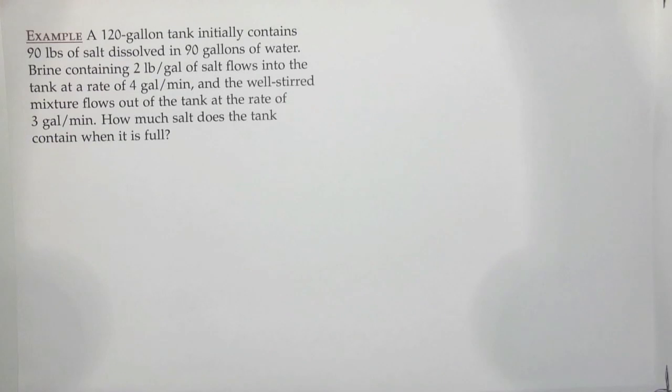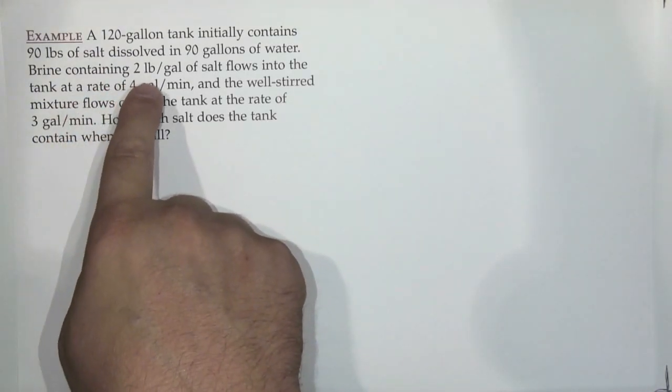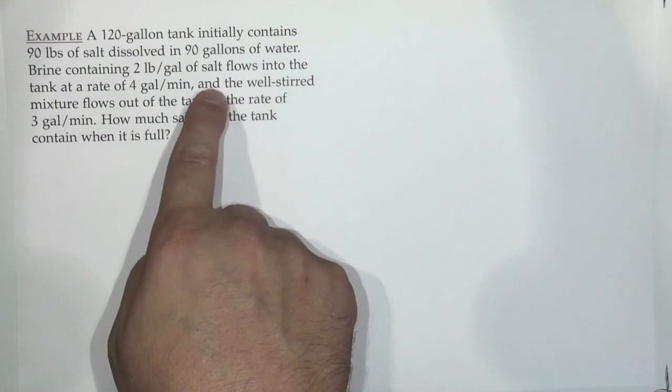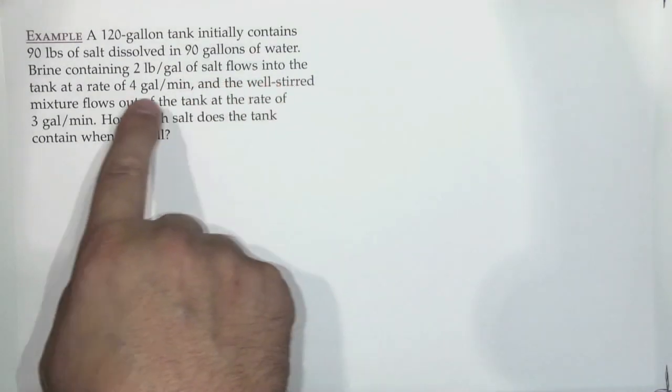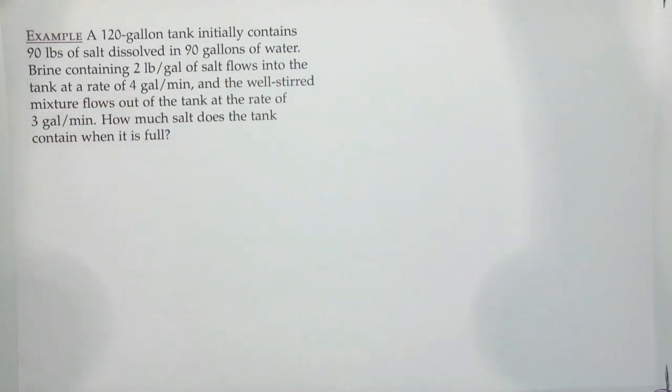That's what it means. It means water with salt. So brine containing 2 pounds a gallon of salt flows into the tank at a rate of 4 gallons per minute. And the well-stirred mixture flows out of the tank at a rate of 3 gallons per minute. So the question, how much salt does the tank contain when it is full?